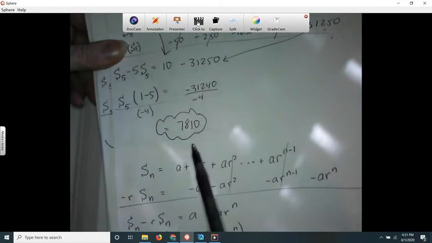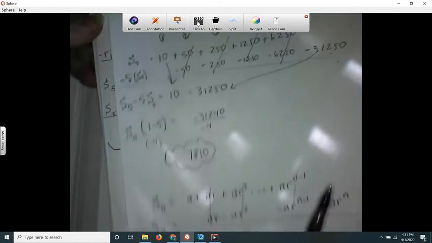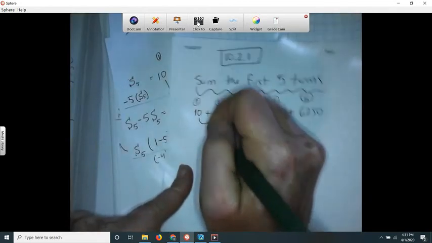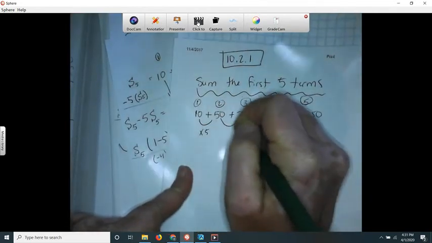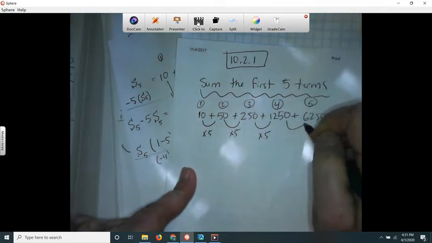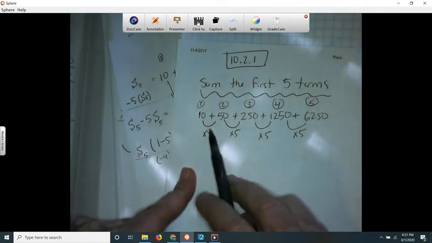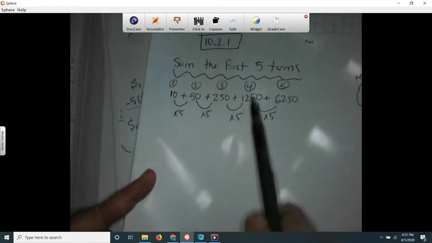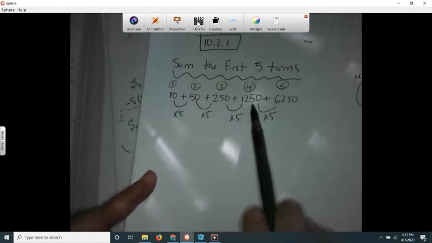And then it would be the first term times R. Because remember, R was 5, and we were going times 5, times 5. So the third term is actually the first term times 5 squared. And this is the first term times 5 cubed.